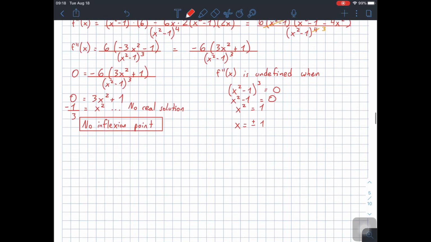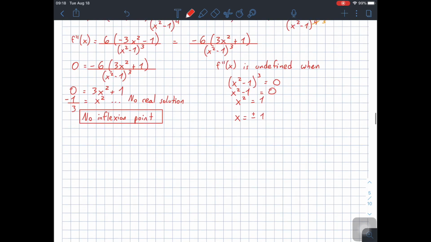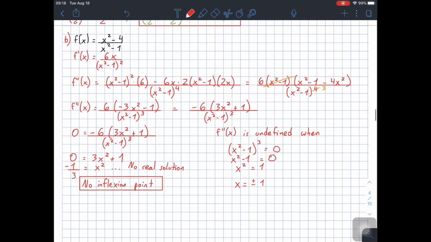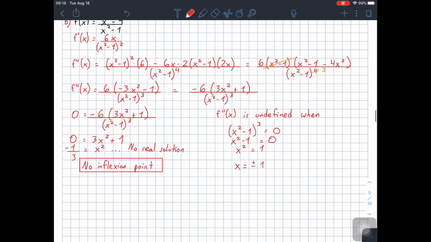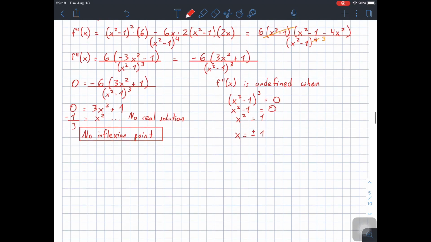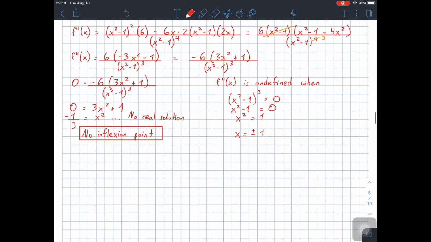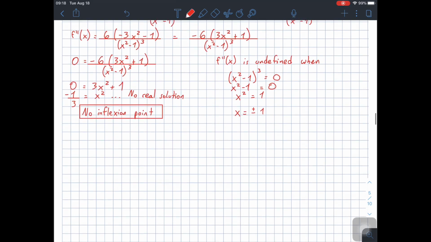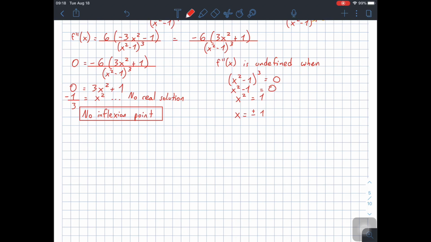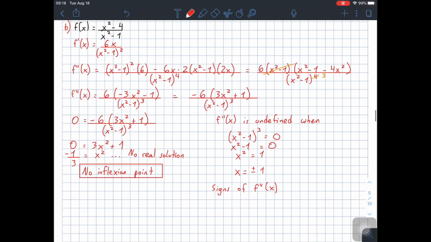So now that I have identified these points, I am going to do my number line, okay? And let me see if I have space. I'm going to do a number line right here. So I'm going to analyze, as always, the signs of f second, right?